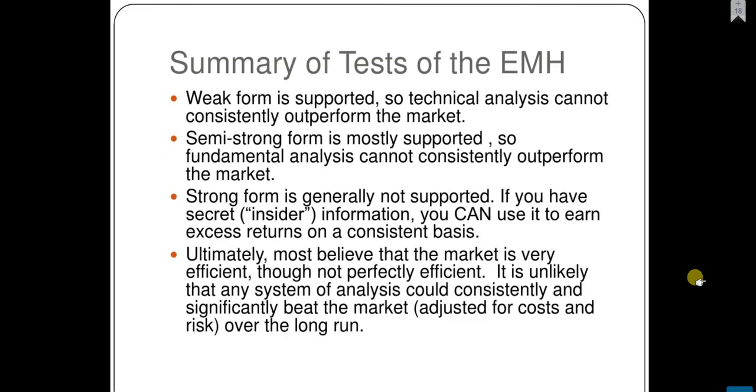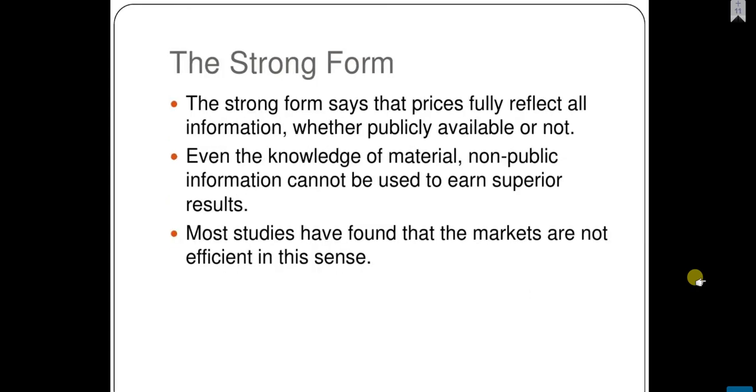The strong form says that prices fully reflect all information whether publicly available or not. Even the knowledge of material non-public information cannot be used to earn superior results. Most studies have found that the markets are not efficient in this sense. So, strong form efficiency is the most stringent version of the efficient market hypothesis, stating that all information in the market, whether public or private, is accounted for in a stock price.